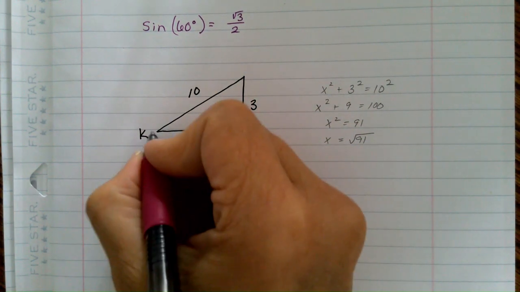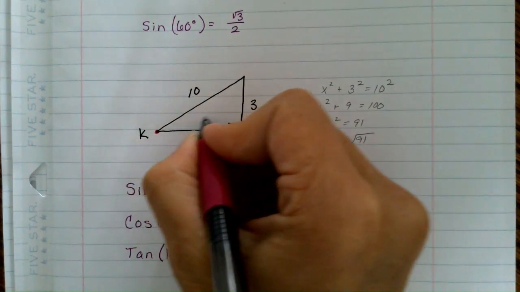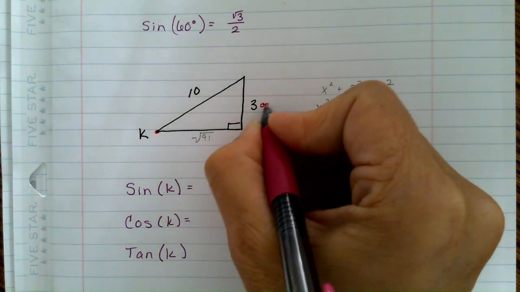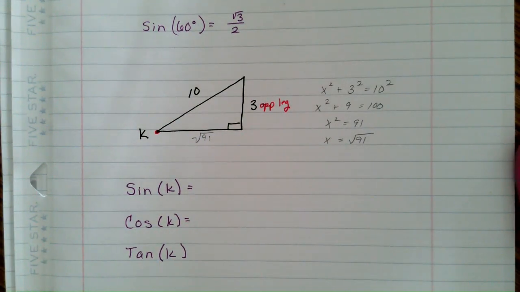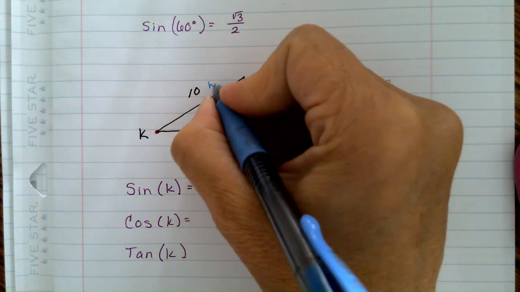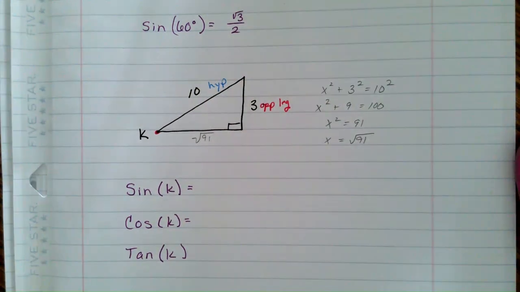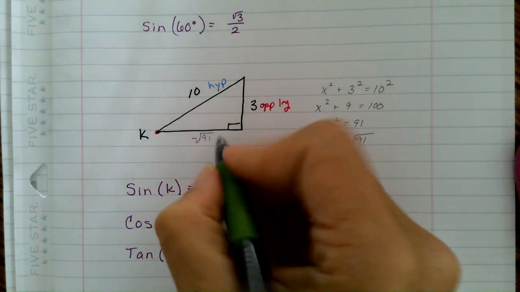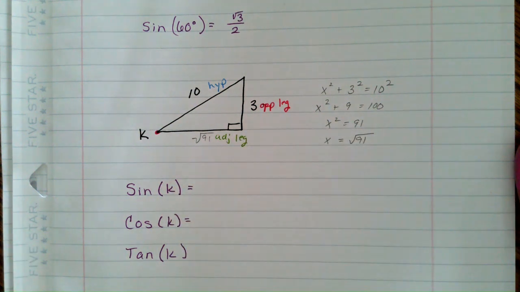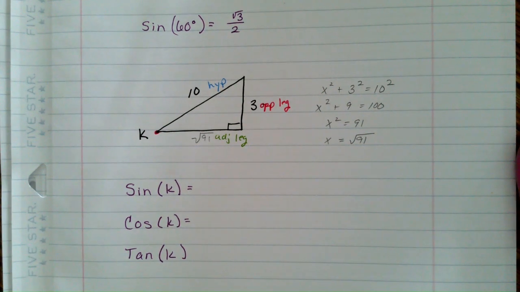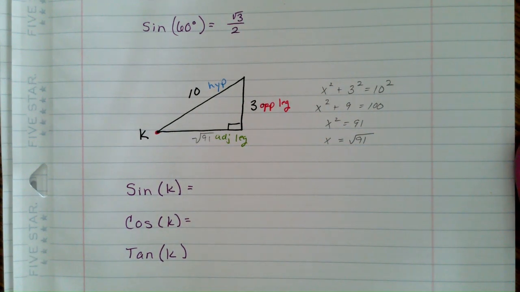Okay, so we're standing here, so opposite leg. This would be the hypotenuse, leaving this to be the adjacent leg. Now that our triangle is labeled from perspective K, not from any other perspective, it's important to know that we're standing at K.